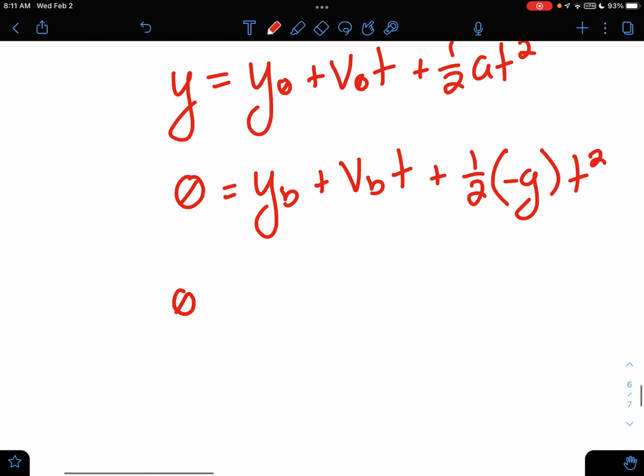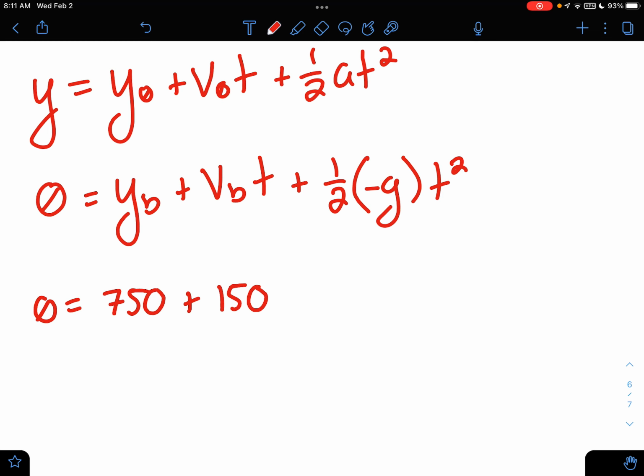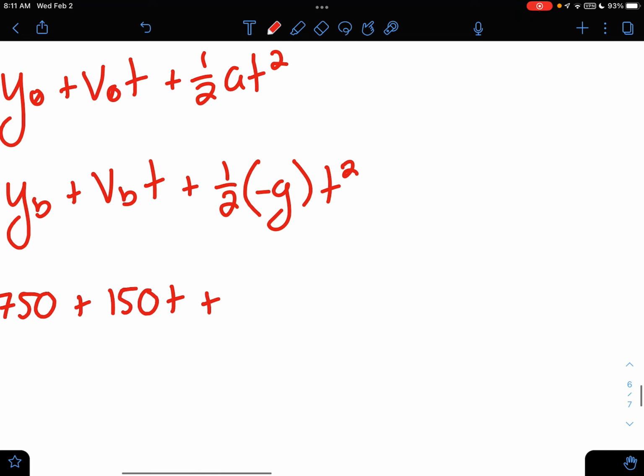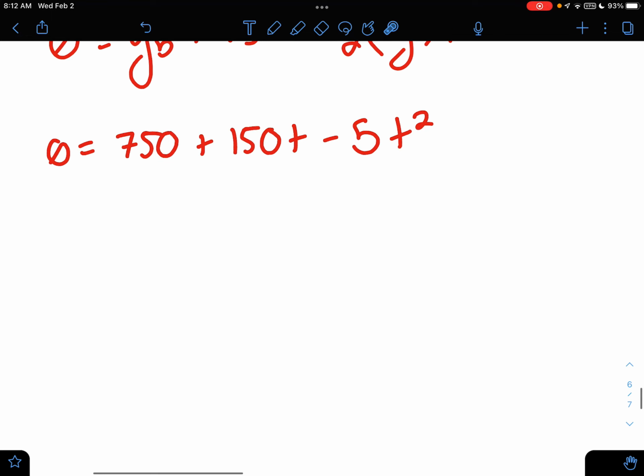So we have 0 equals our yb, which was 750 meters, plus our vb, which was 150 meters per second, plus, but it's negative, so I'm just going to move this negative outside, minus 10 divided by 2, 5 t squared. Cool. So now we have our best friend, a lovely quadratic.